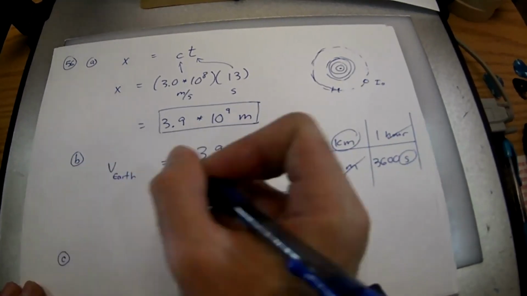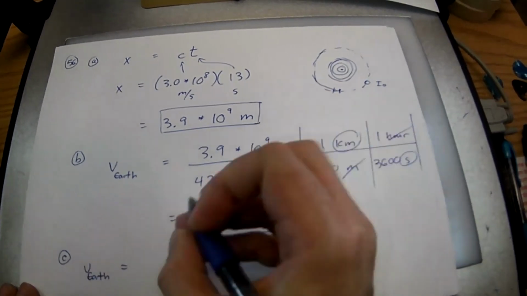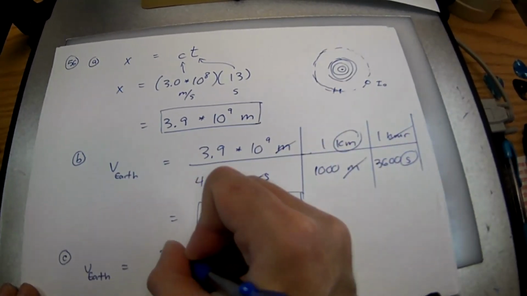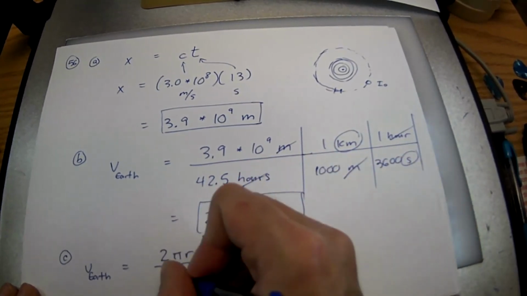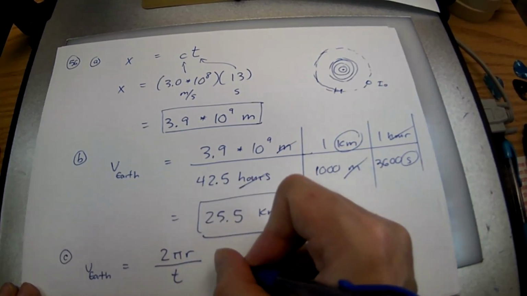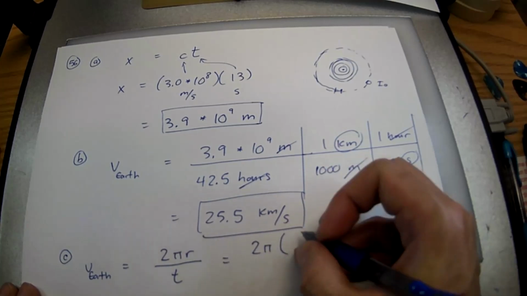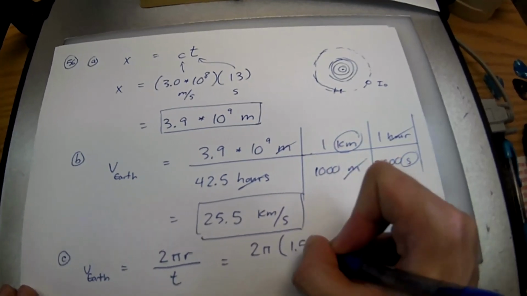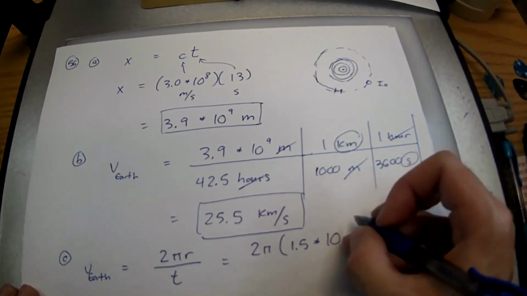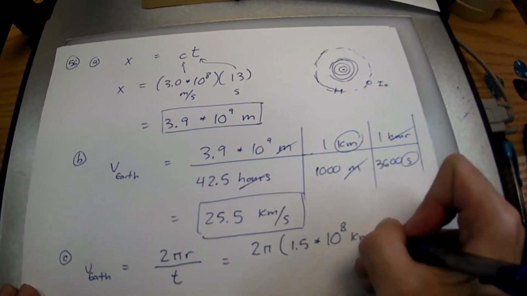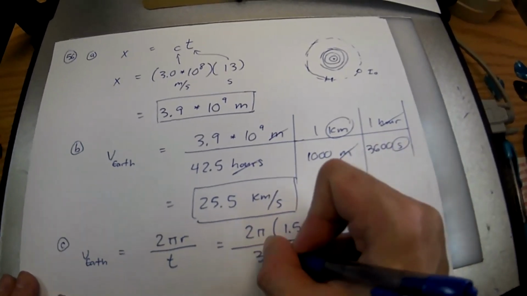So let's figure that out. So the speed of Earth from a different point of view is equal to the circumference, 2 pi r, divided by the time period T of 1 year, right? So it's going to be 2 pi times the radius of 1.5 times 10 to the 8 kilometers, divided by a time period of, I'll go ahead and start with 365 days.